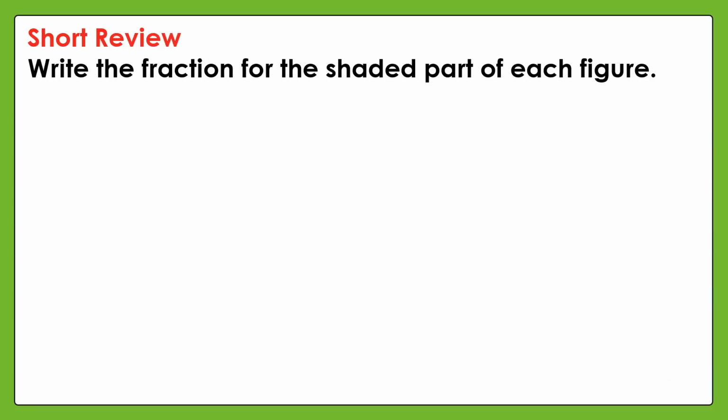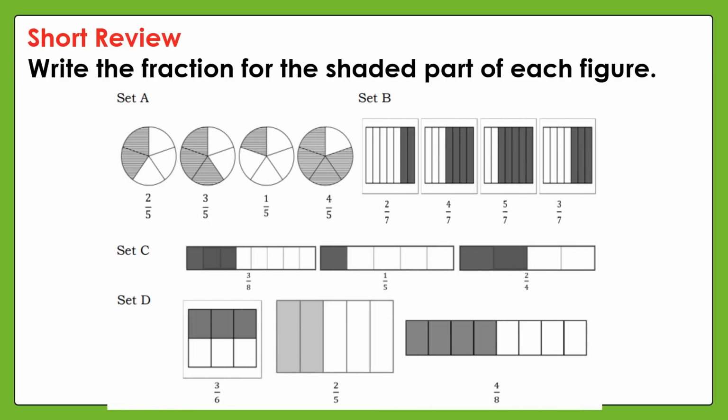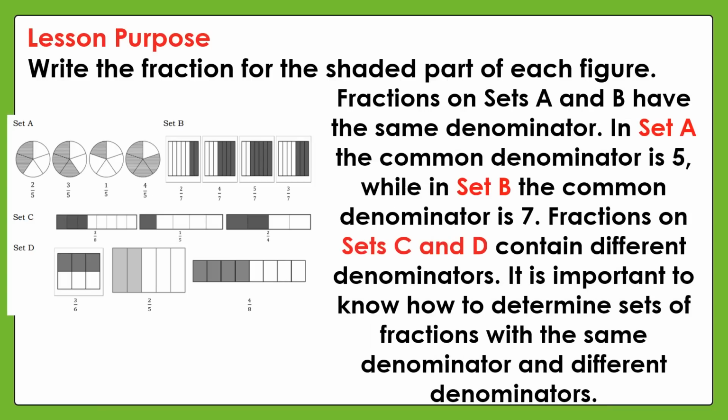Let us have first a short review. Write the fraction for the shaded part of each figure. Write your answer on your notebook. Fractions on sets A and B have the same denominator.